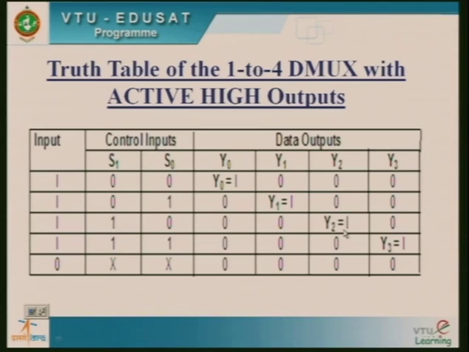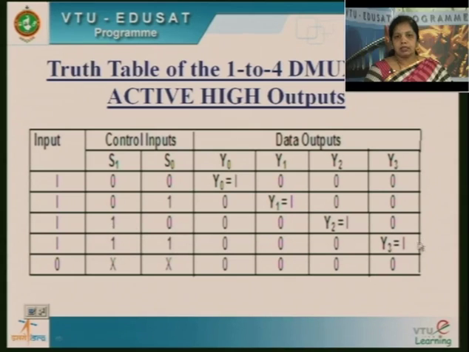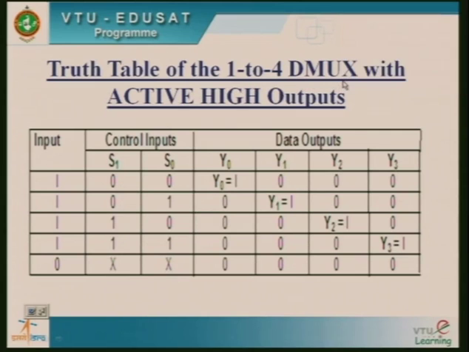Similarly Y2, you will get this input at the output side whenever your S0 and S1 are 1 and 0. If it is 1 and 1, it is redirected to Y3. No matter what you give to S0 and S1, if you are not giving any signal, all your outputs will be 0. Since I am connecting this to AND gates, the AND gates will be disabled. So this is the truth table of the 1:4 demultiplexer with active high outputs.